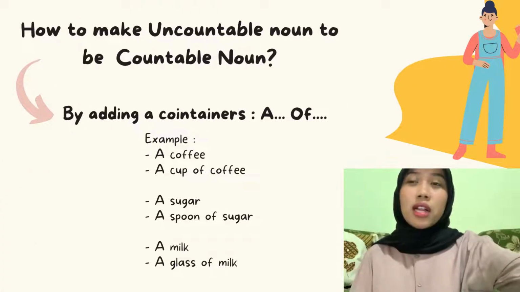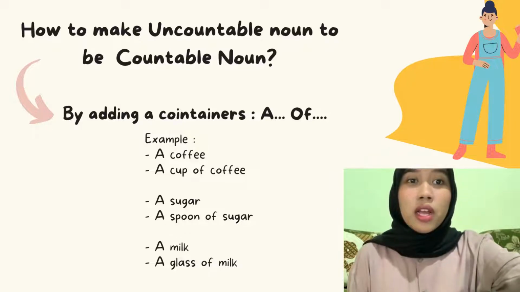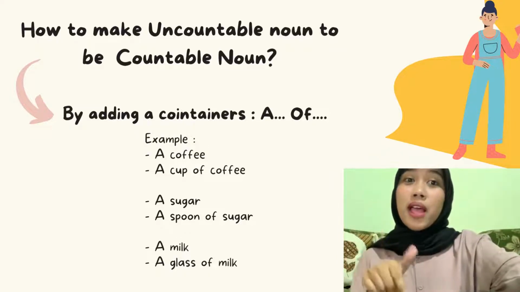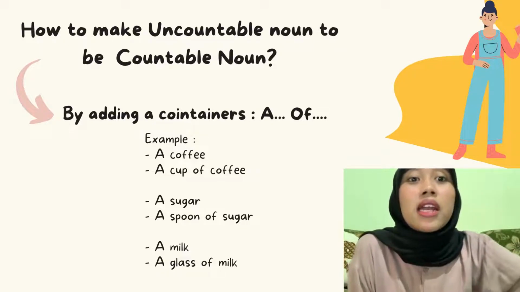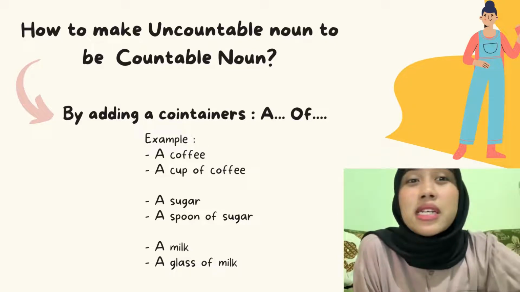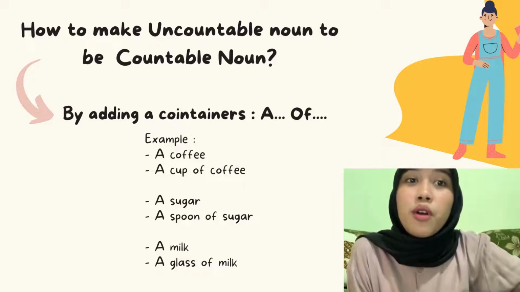Okay, next I'm gonna talk about how to make uncountable noun into countable noun, and the answer is so simple, just by adding a container, like a blah blah blah of blah blah blah. The example is, in uncountable noun we just say coffee, but if you want to make coffee into a countable noun, you just say a cup of coffee.